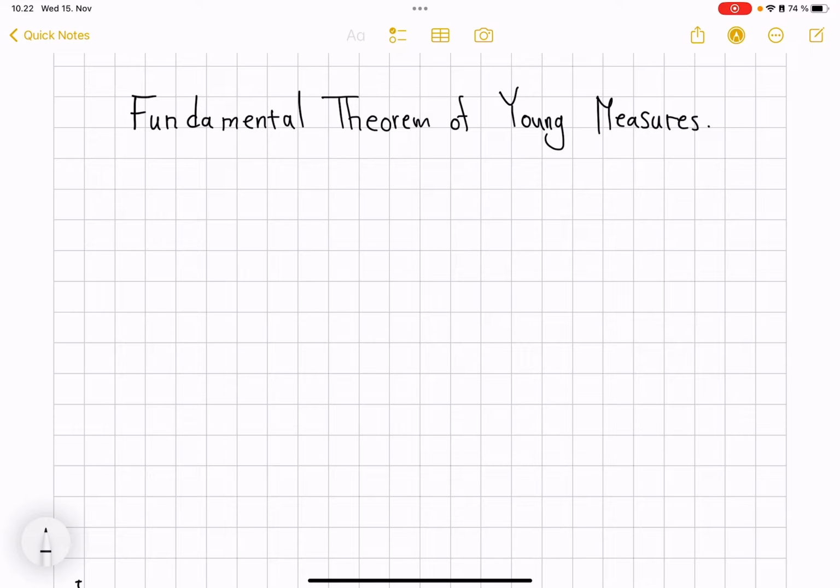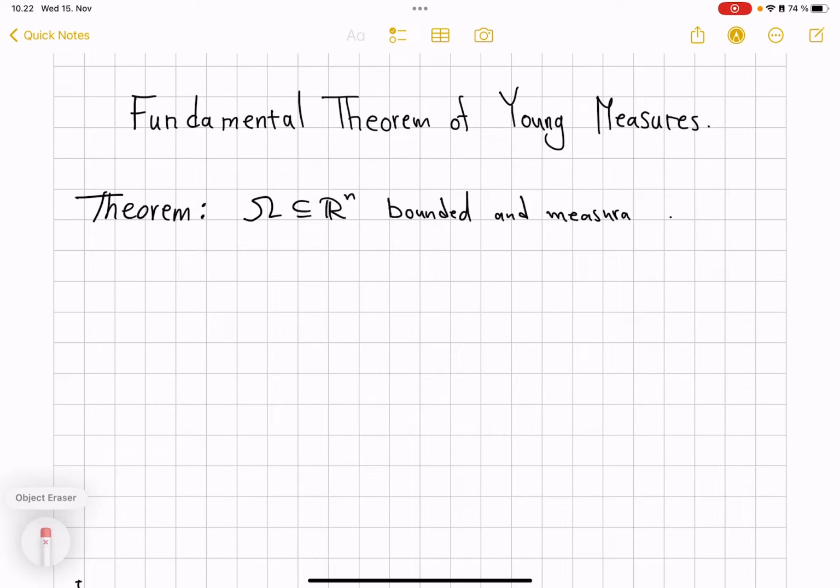The theorem reads as follows, and you will see that it has very weak assumptions, so it's quite impressive. Omega is a domain in R^n that is bounded and measurable. I said domain, but I don't think that's even necessary. We don't need an open connected set or anything.